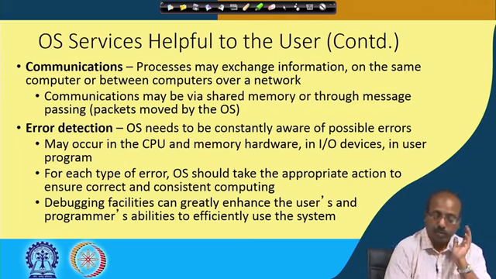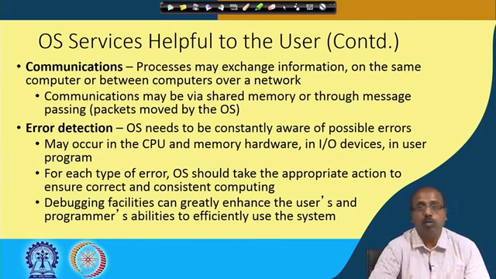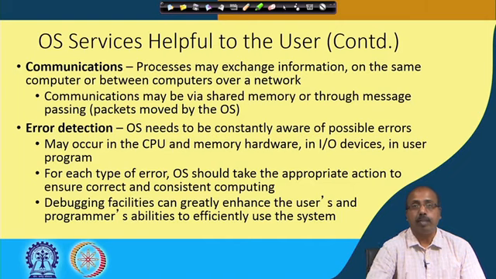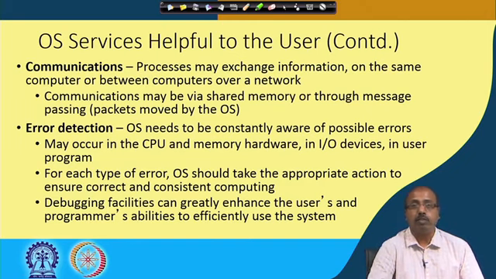Then another important thing that we should have is a debugging facility. We should be able to debug the program. If a program is working fine, then it is fine, but a program may have different ways in which it proceeds through execution. So, while testing, it may not be possible to check all the different execution sequences that the program may follow in its lifetime.